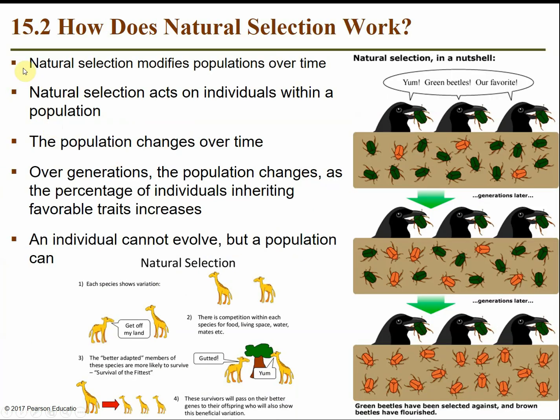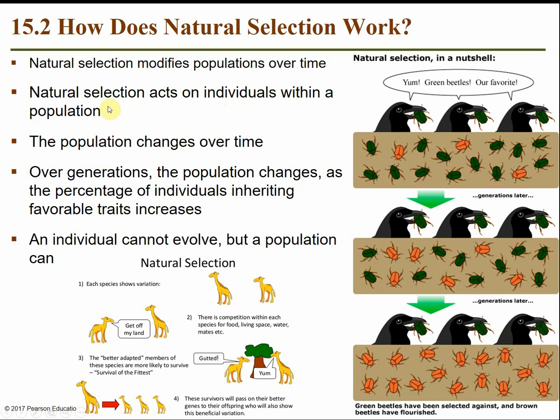Again, natural selection modifies a population over time, not an individual. An individual can have a mutation, but that is not evolution. That particular mutation has to be more widespread over the population to be considered evolution by natural selection. It acts on individuals, but it modifies the population over time.